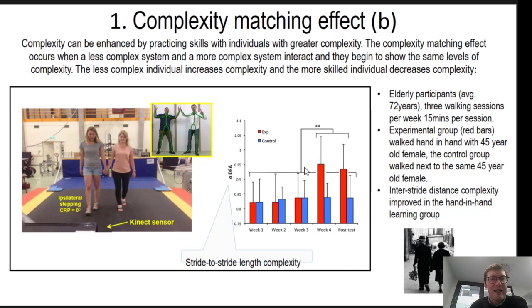Okay, and we take this to indicate that some of the behavioral complexity or adaptability of the younger adult has been learned by the older adult by virtue of holding onto their hands while walking.